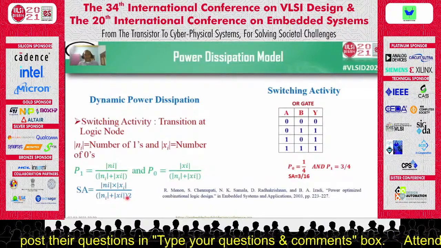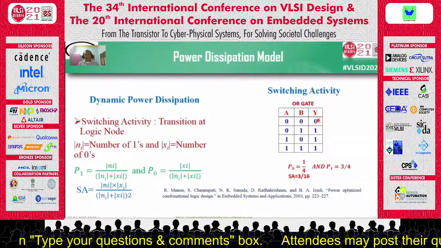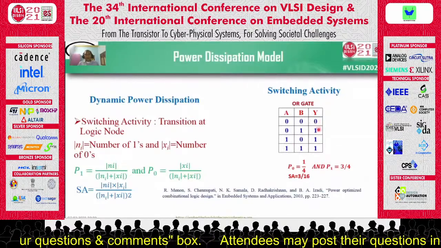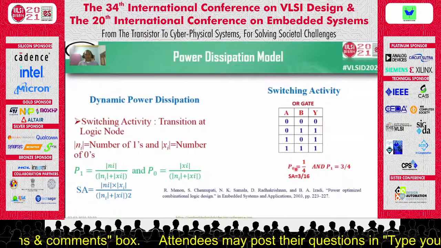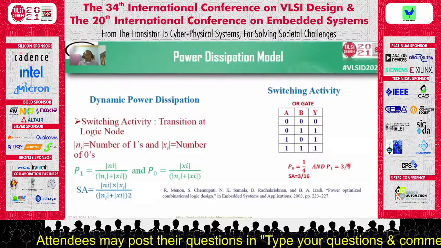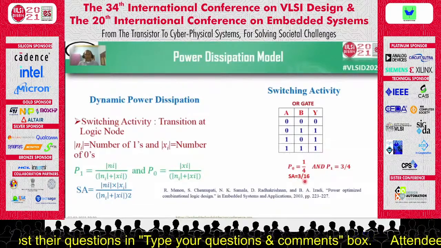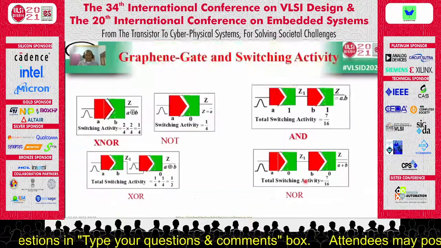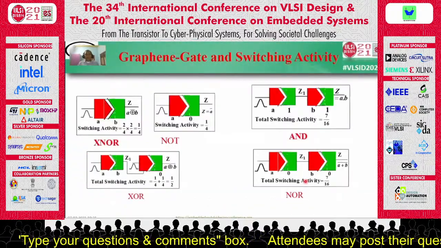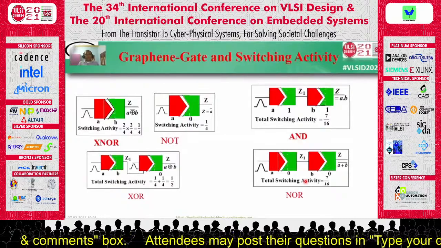Now if we just consider a simple OR gate, in the output of the OR gate we have one 0 and three 1s. That is why the probability of occurrence of 0 is 1 by 4 and the probability of occurrence of 1 is 3 by 4, and hence the switching activity at the output node of the OR gate is 3 by 16.